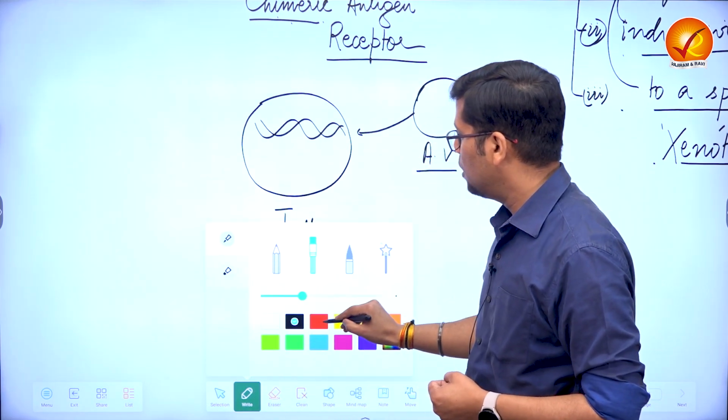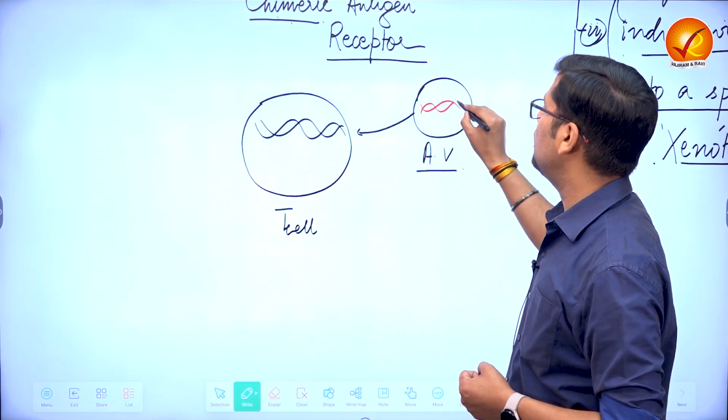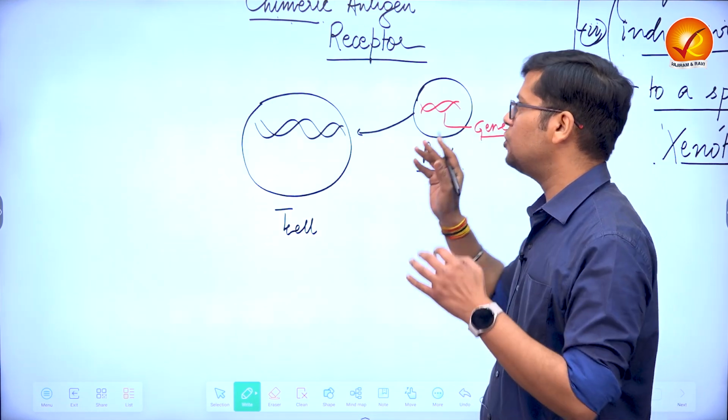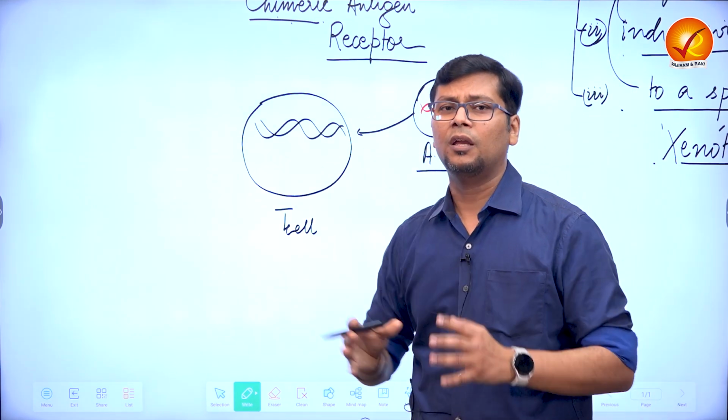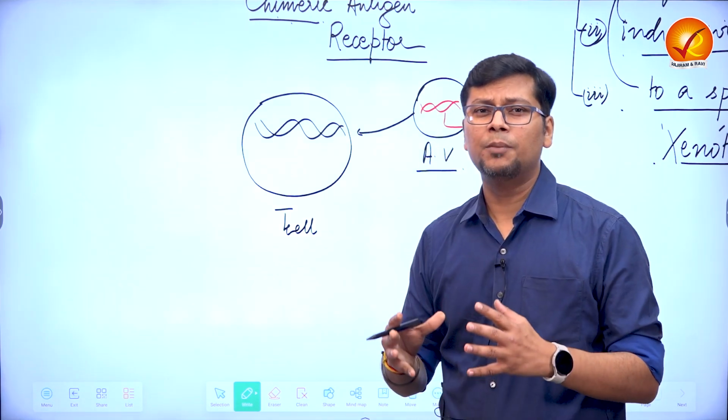Let's say this adenovirus carries a particular gene. For the time being, you have to know gene as a segment of DNA that codes for a specific type of protein.